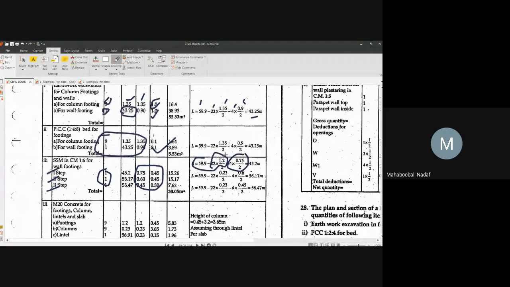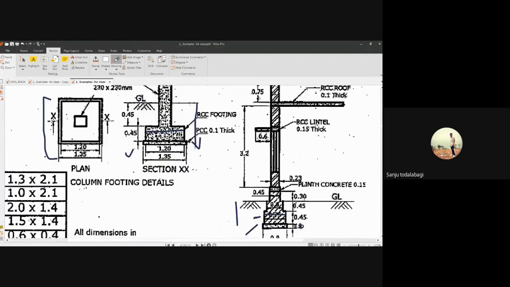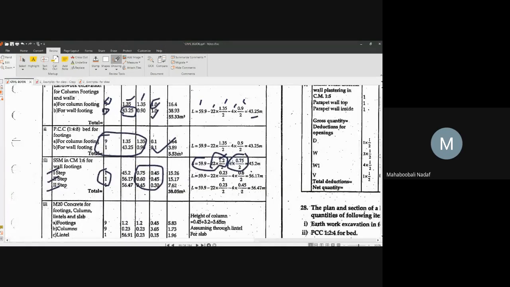What is this b by 2? This 1.2. And this b by 2? This 0.75. Is that clear? Yes, sir. So that length you are going to write for first footing.